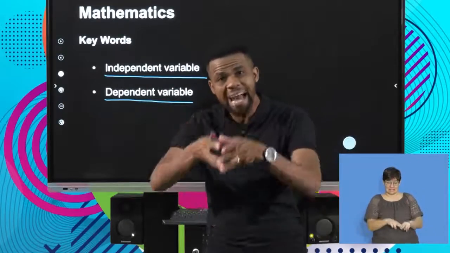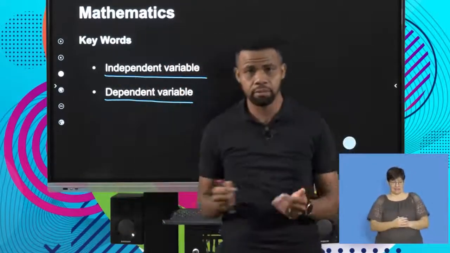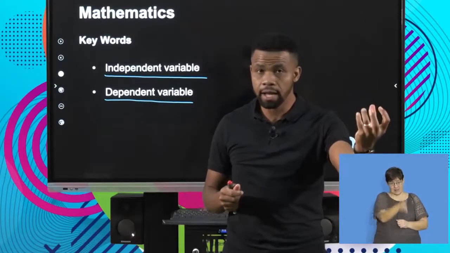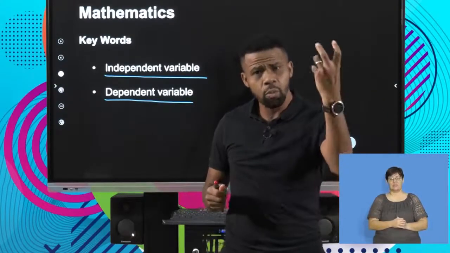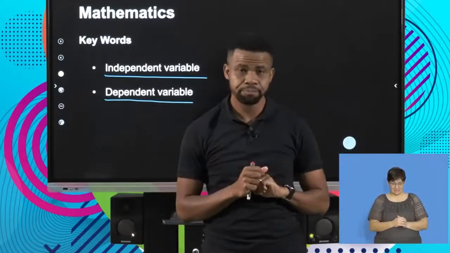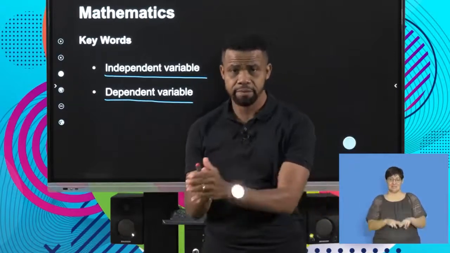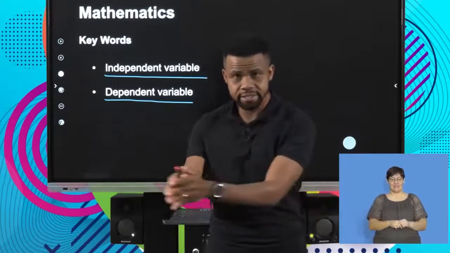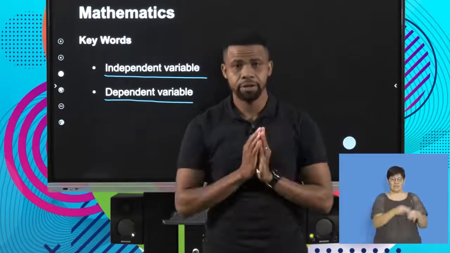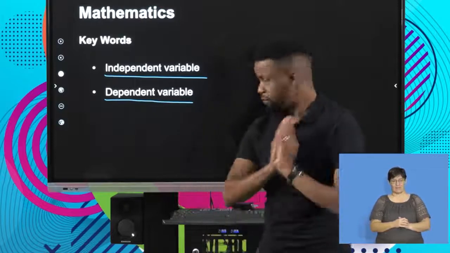The dependent variable depends on the other variable, so that will be the y. And to get that y, my input must be the independent variable. Hope it makes sense, guys. Our independent and dependent variables are just my x and my y values on the Cartesian plane. Okay? Fantastic. Beautiful.